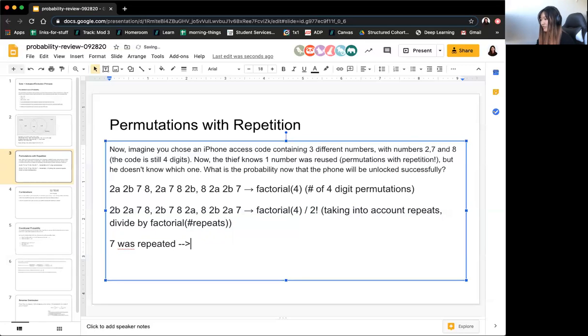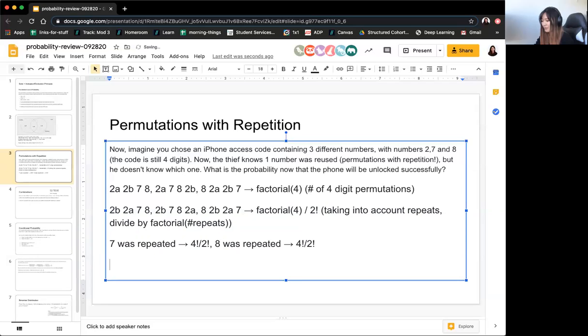We can do all of the same math that we already did up here and come up with factorial 4 divided by factorial 2 different iPhone combinations. And then same if 8 was repeated: it's another factorial 4 divided by factorial 2 different passcodes.